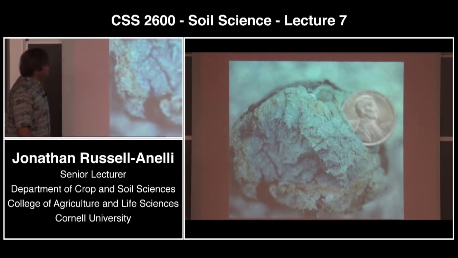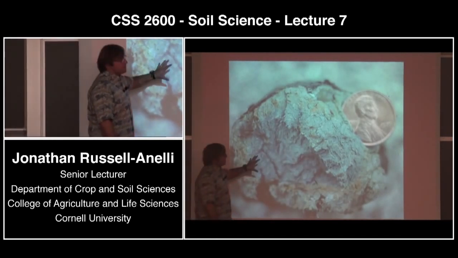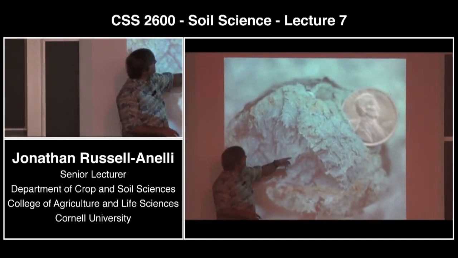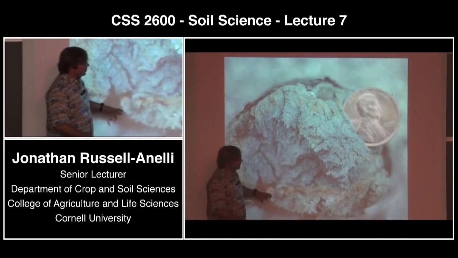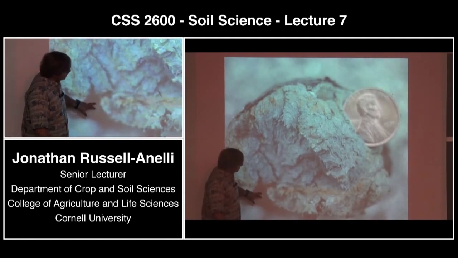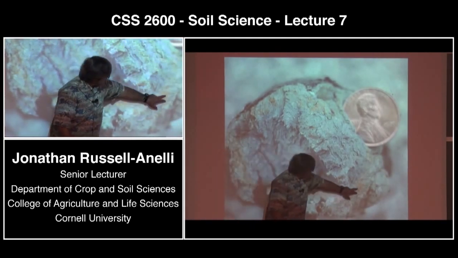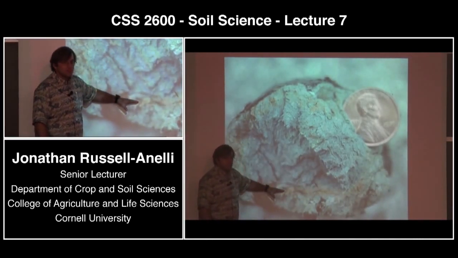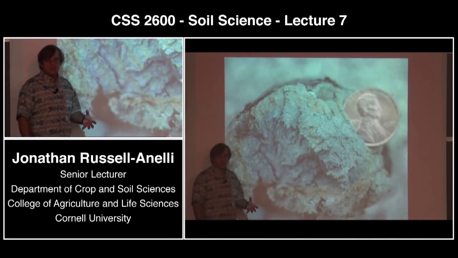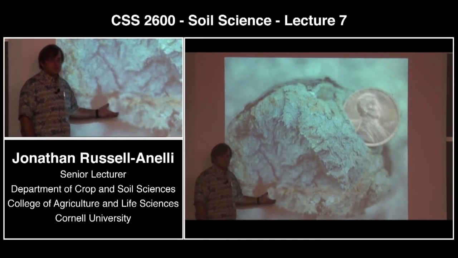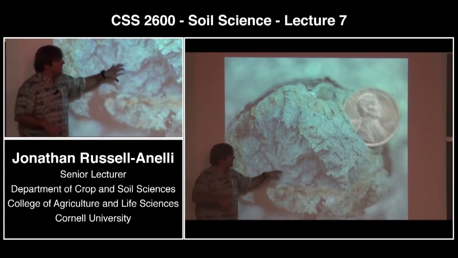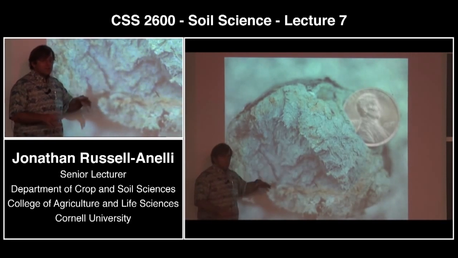And to give you an idea of scale, in some cases some of these redox features can be within the same aggregate. So there's the penny to give you scale. We've broken this up. I pulled this from the web someplace, and I have no idea where. But basically, you're looking at the edges here. The interior is gray. The exterior edge, we're seeing red. So what does that give you an idea about what's happening here? Water's moving into the system. It's getting inside these peds. The water's staying there.